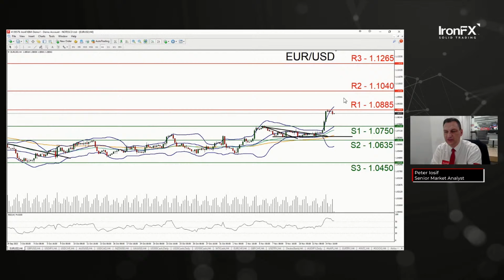The first would be the release of the US PPI rates, and they're also for October, like yesterday's CPI rates. Now, the PPI rates are measuring inflationary pressures at the producers level.